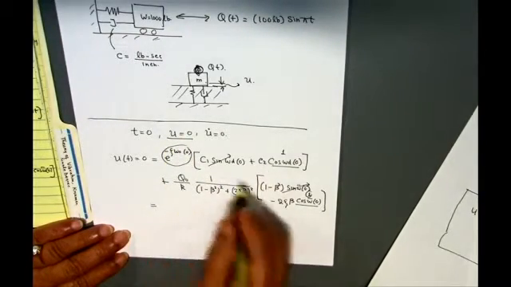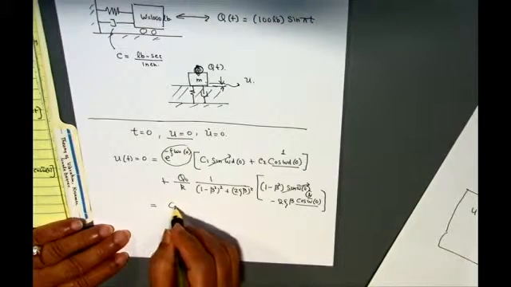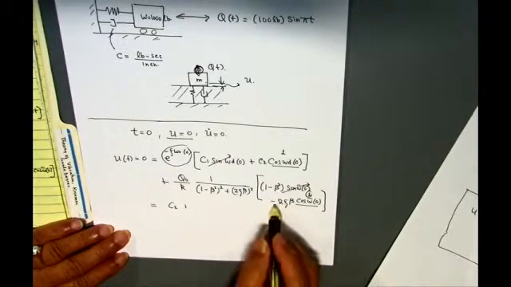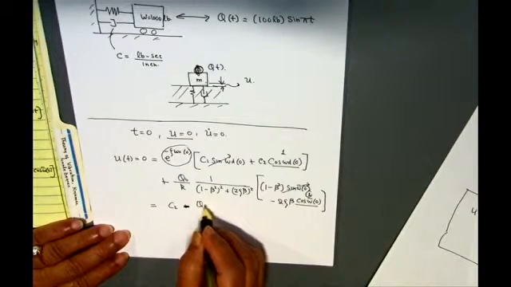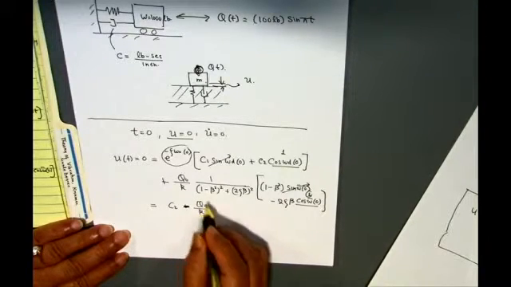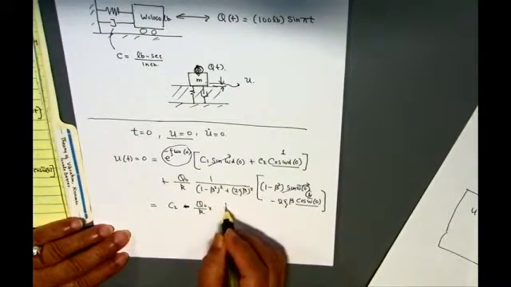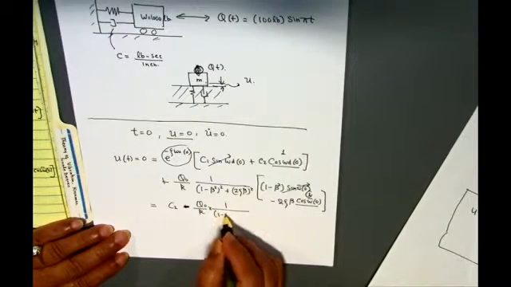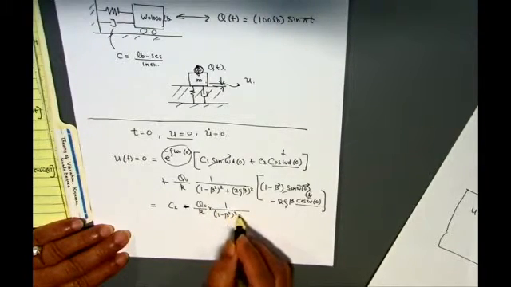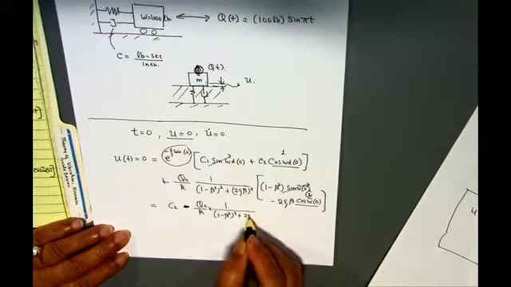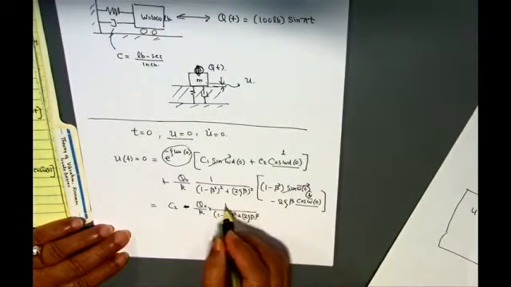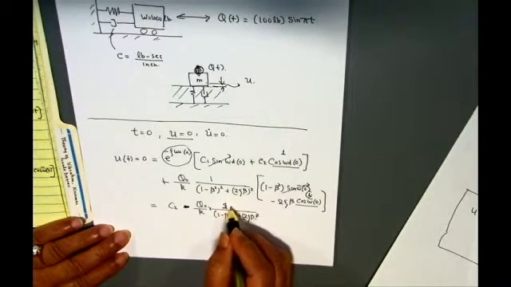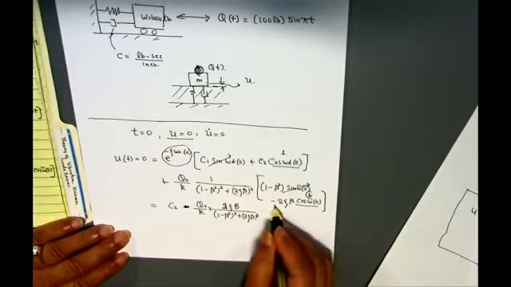So we will have, from this section, C2 plus, and actually there is a minus sign here, so it will be minus q0 over k times all of this term, 1 minus beta square whole square plus 2 zeta beta square, and then we have in the denominator 2 zeta beta, which is coming from here.